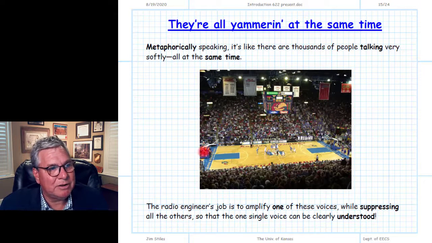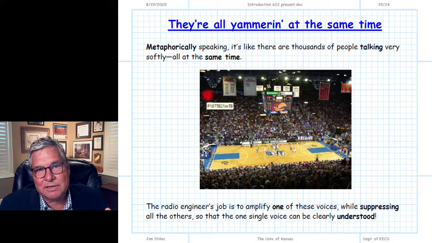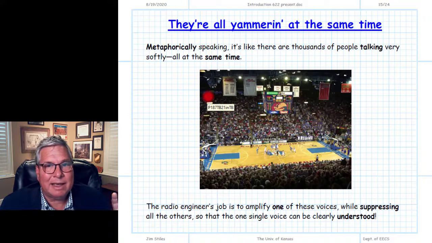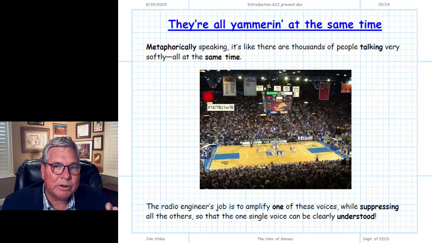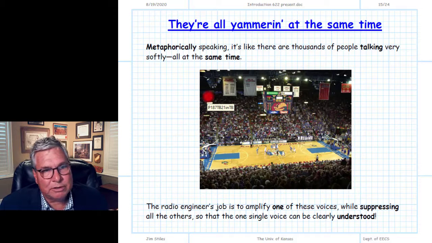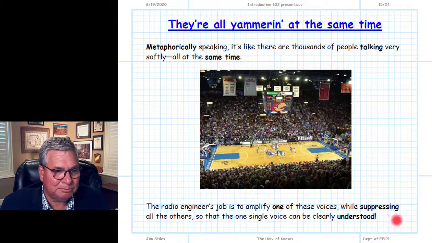So we come into the receiver, again, with many people talking, and the person we're interested in speaking very softly. We come out of the receiver with all the other voices rejected. A single voice, the one we want, is retained, and that voice has been amplified to the point where it is easy to be understood. That's metaphorically what we try to do in a receiver.